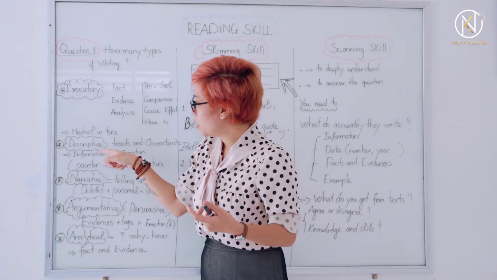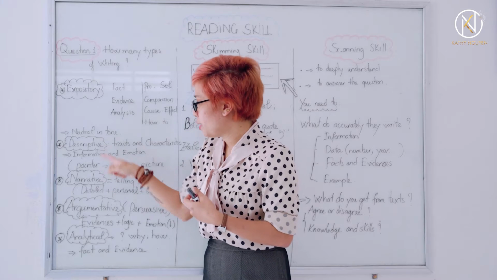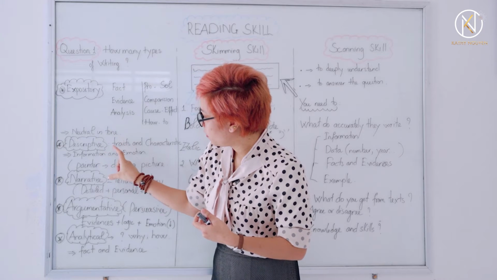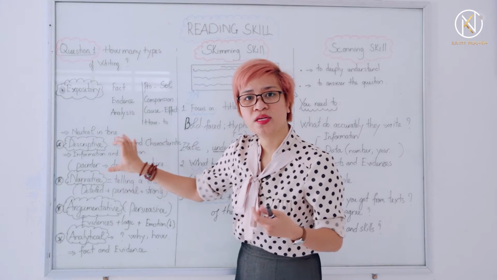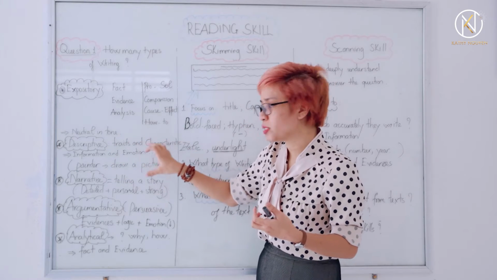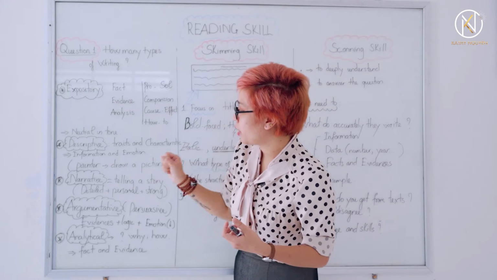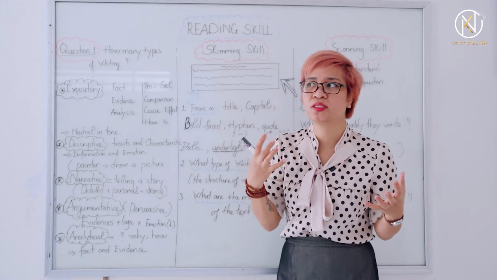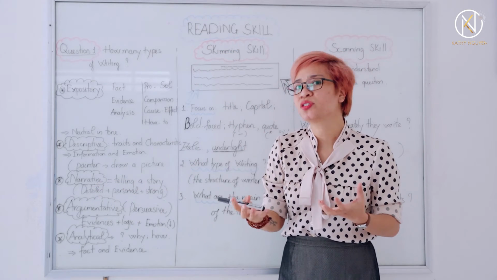Okay, here is descriptive, and I will merge it together with narrative. So descriptive is like a go-between, between expository and narrative. Because narrative is just the kind of thing where you're telling a story.